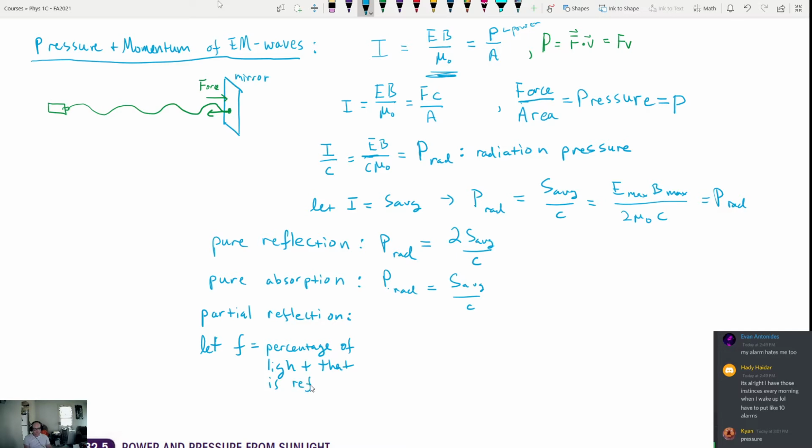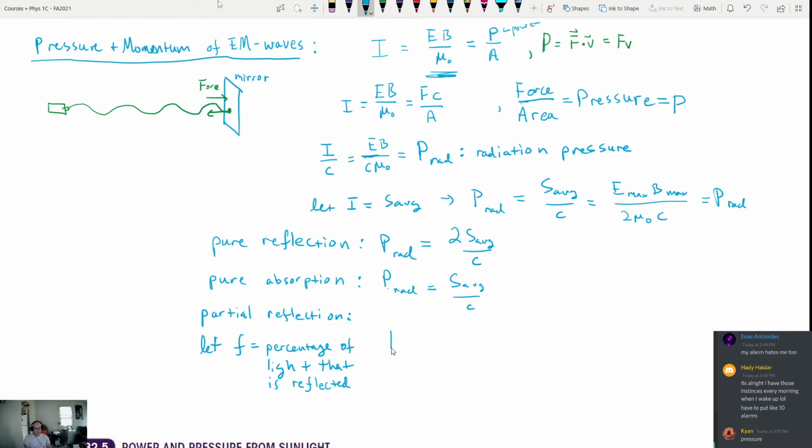Something very dark black is going to have 0% reflected. Something like a mirrored surface is going to have 100% reflected. And other types of colors are going to be somewhere in between. If you have a green surface, some of it's going to be reflected and some will be absorbed.